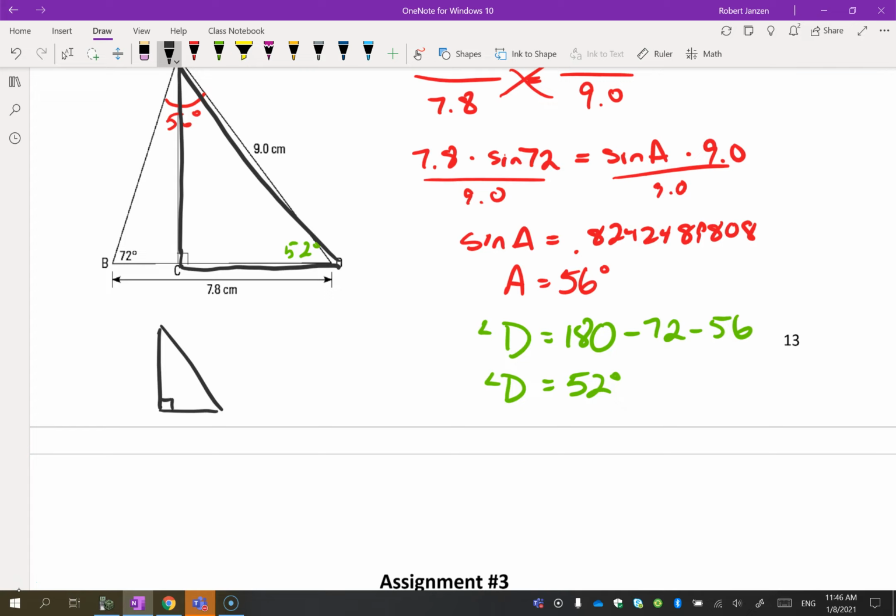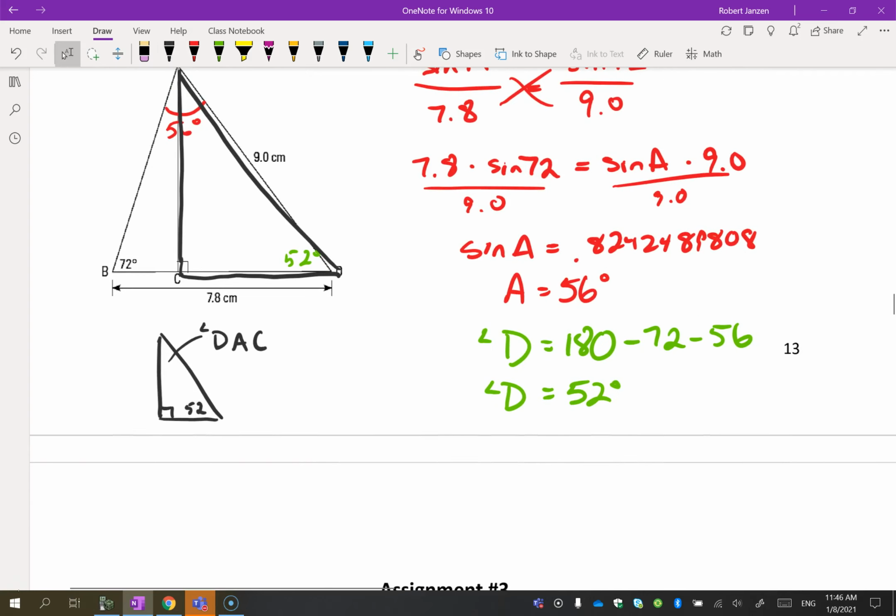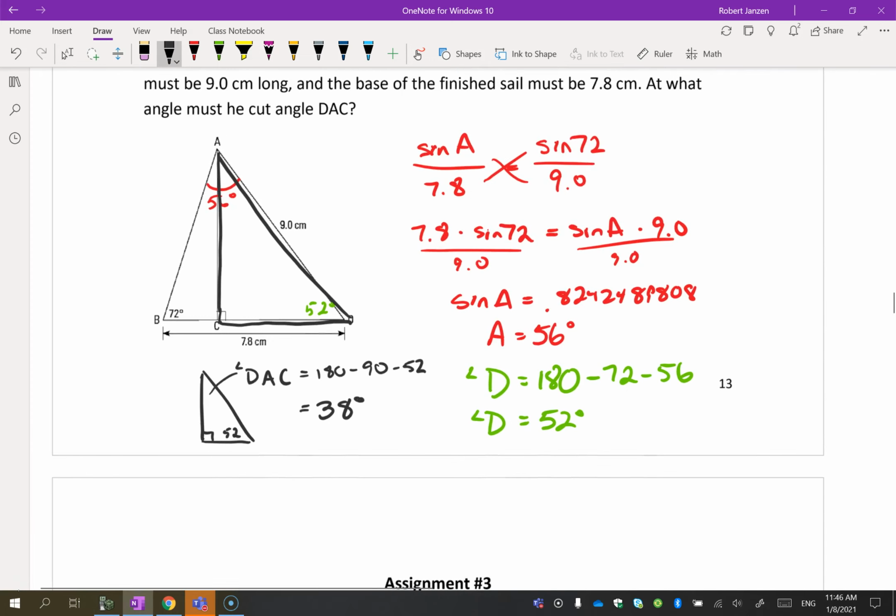I know this is 90 and I know this is 52. If I want to find this angle, which we're calling DAC, how do I do that? Well, I can go 180 take away 90 take away 52. And this turns out to be 38 degrees. Okay, so there's our answer.